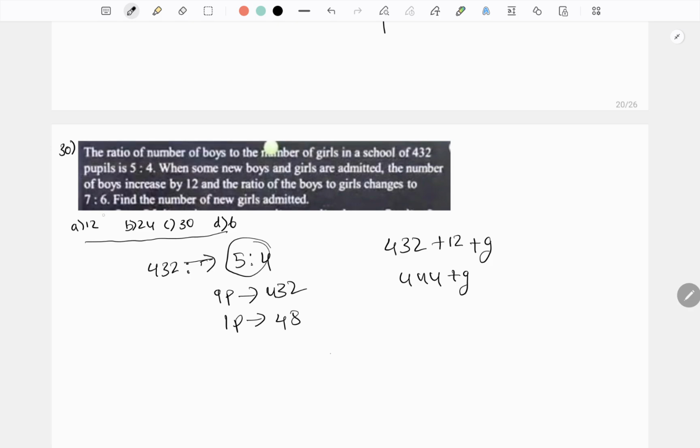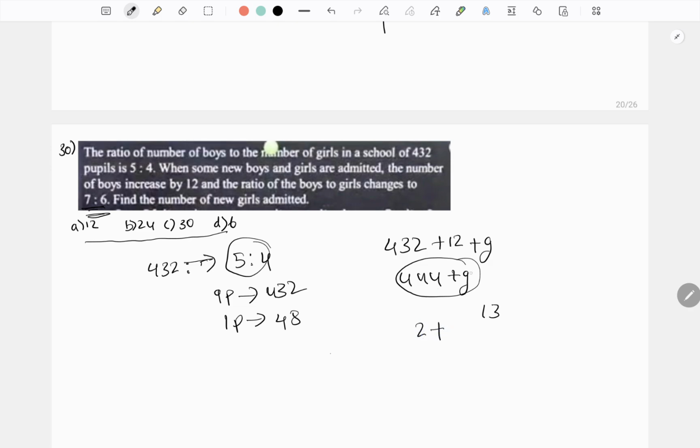So that the ratio should become 7:6. 7:6 is 13 parts. 13 parts means this total must be divisible by 13. Let us try that. 444 by 13. 13 threes are 39, and 54. 13 fours are 52. So 2 is the remainder.